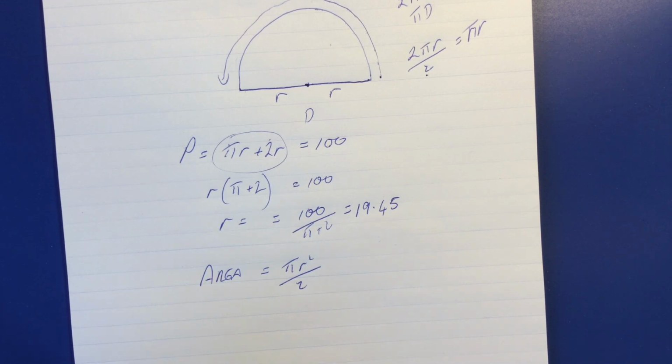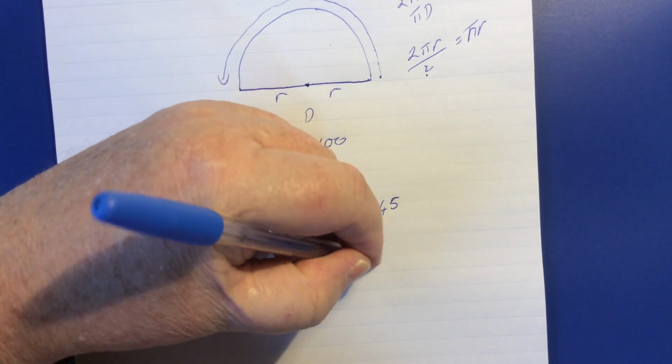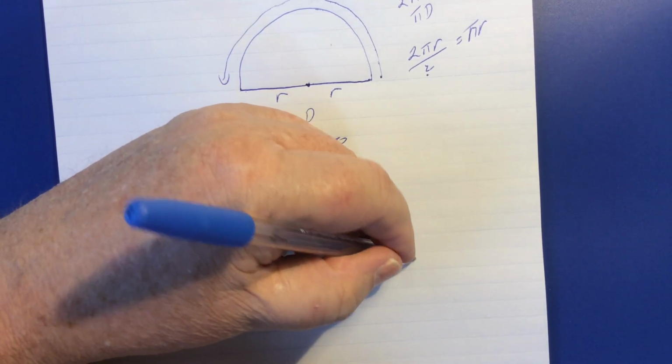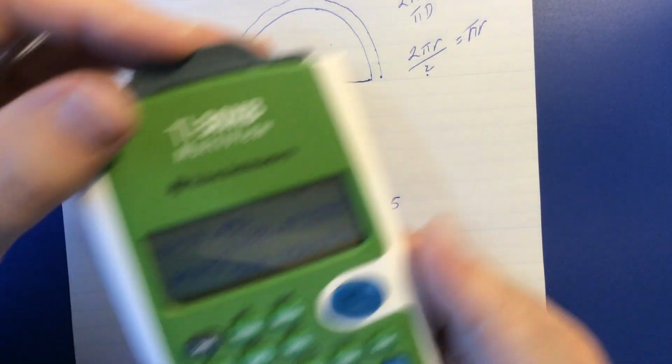So pi times 19.45 squared, and divide that by 2, and I get 594.24 meters squared. There's my working.